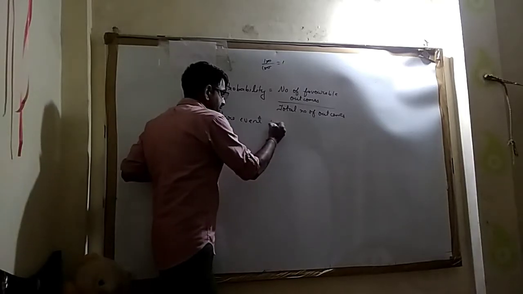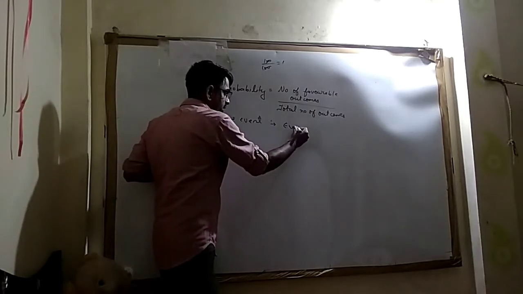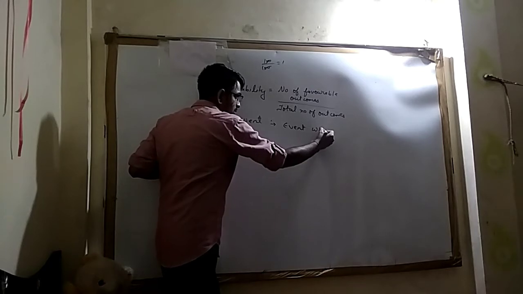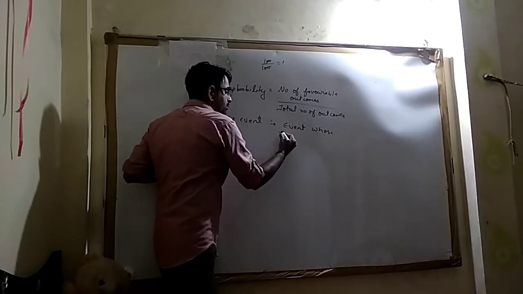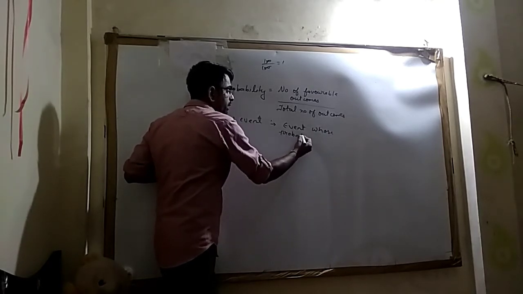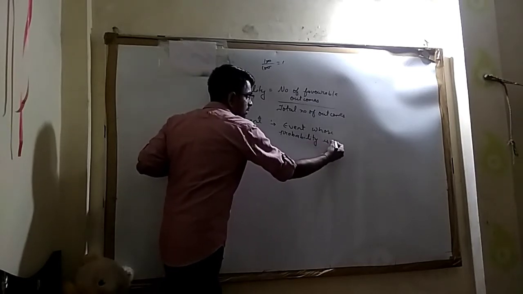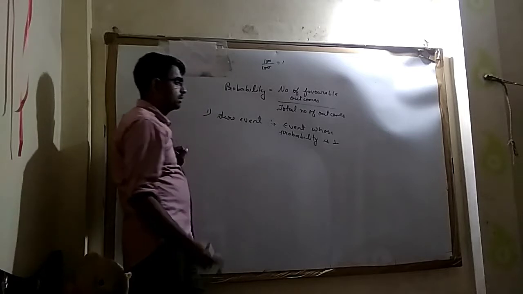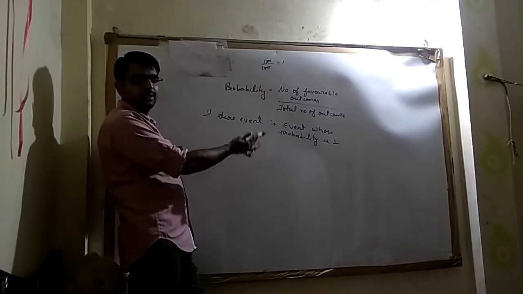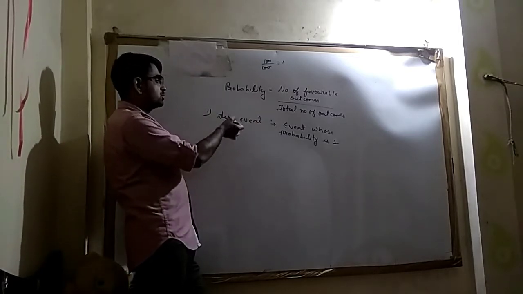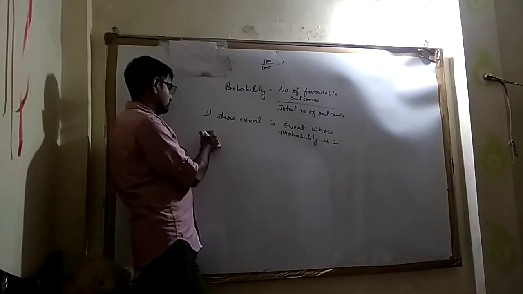So sure event is an event whose probability is 1. Any event whose probability is 1 is a sure event.